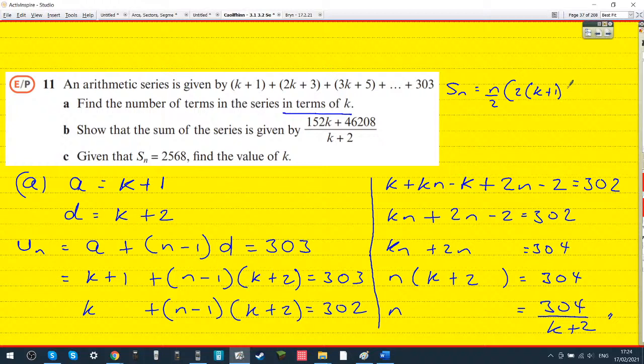Yep. And do you know what you do next? Expand it. Spot the difference between their one and our one. The biggest difference is we have an n, they don't.